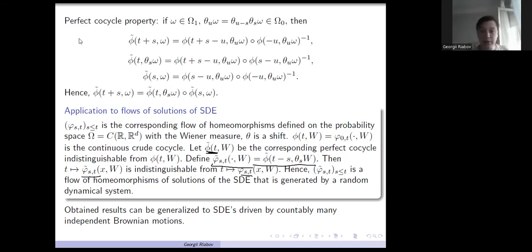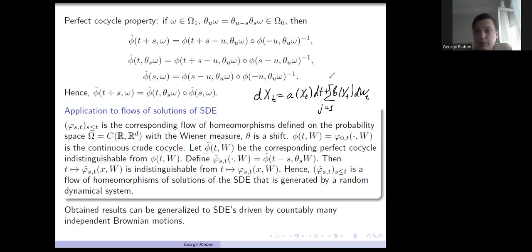In all our considerations, we had the equation driven by one Brownian motion. These results can be easily generalized to the case when we have not one Brownian motion, but some number of Brownian motions, say W_j, let's say independent Brownian motions.